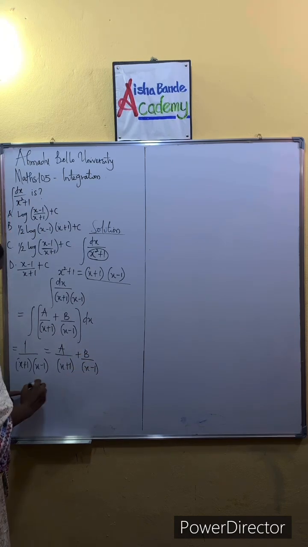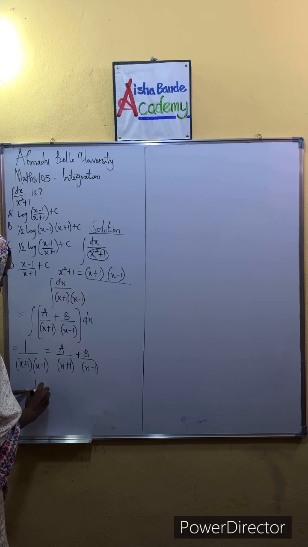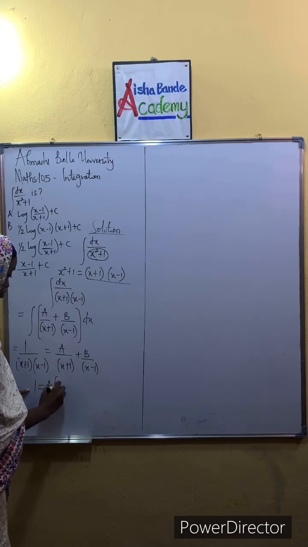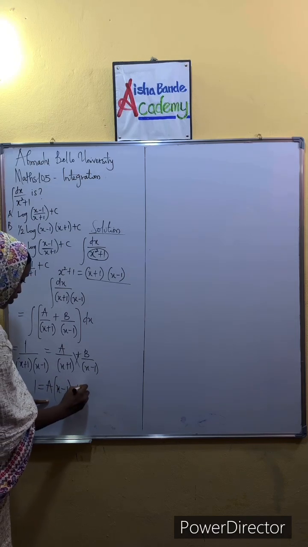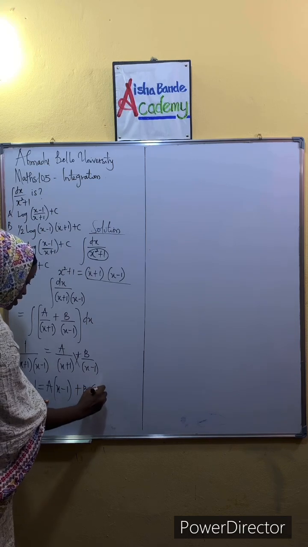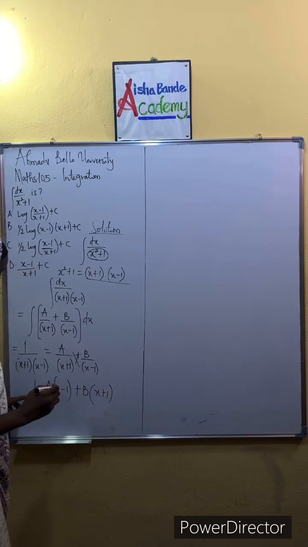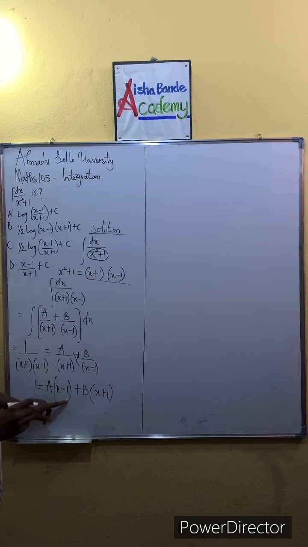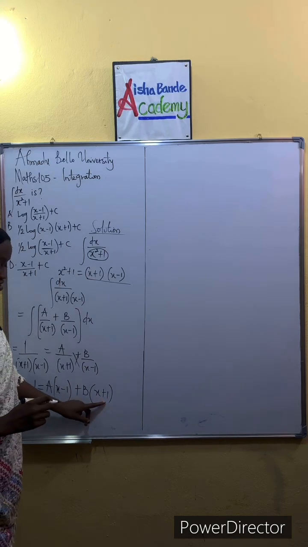From this, we have that 1 is equal to a(x minus 1) plus b(x plus 1).